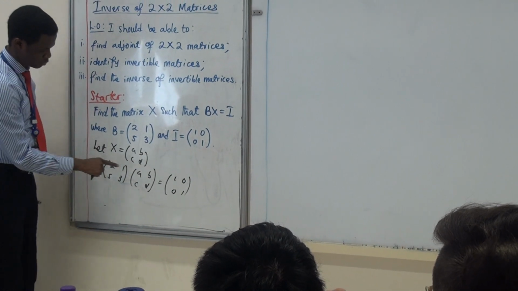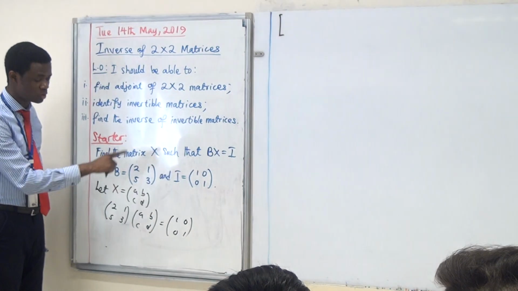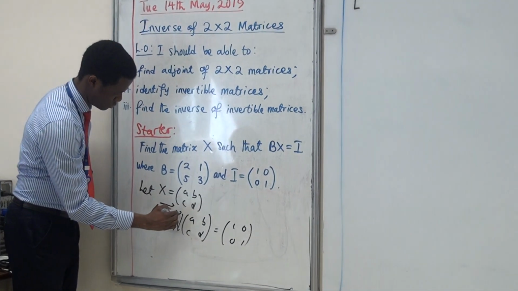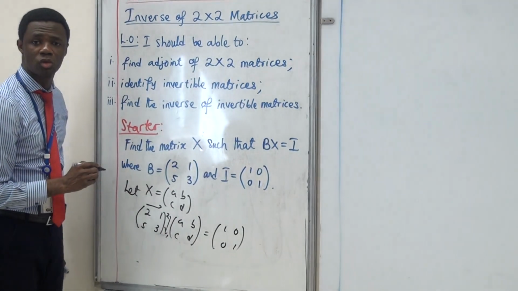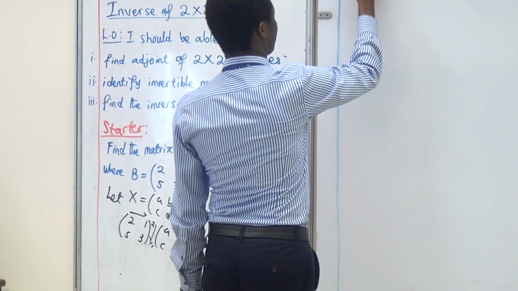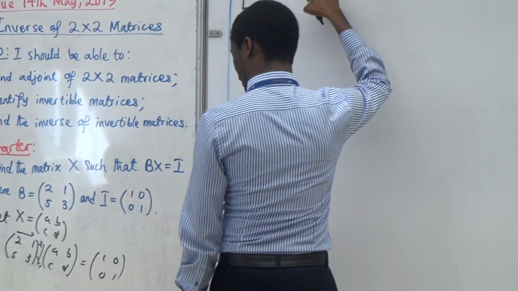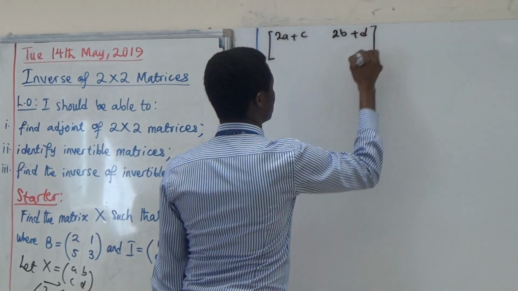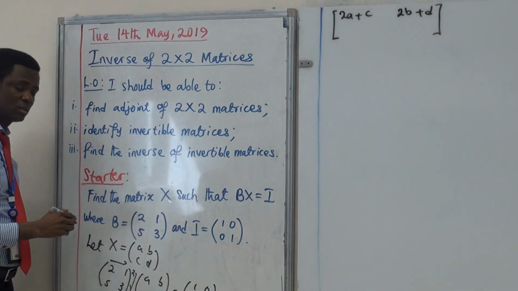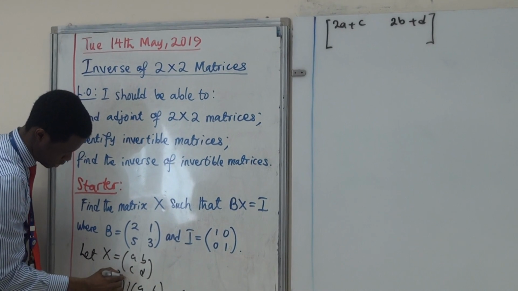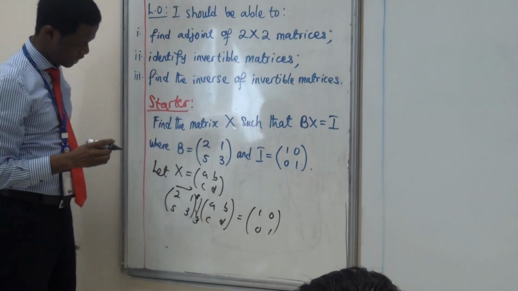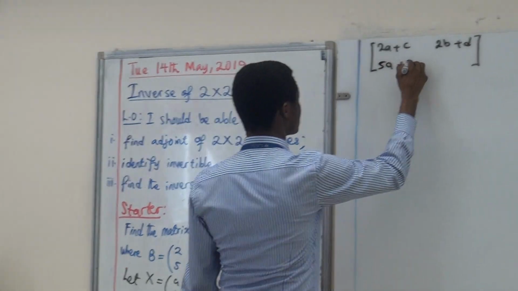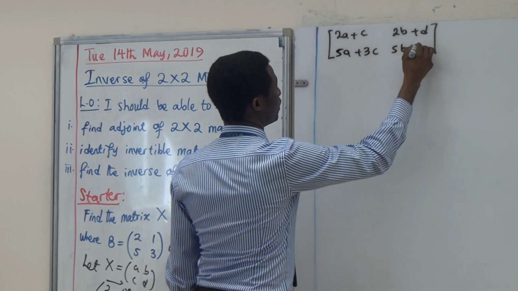Okay. So now, if we multiply, what do we have from the first entry? 2a plus c. The other one here, 2b plus d, right? Please, I need a response. And this is 5, this is 3. So what do we have next? 5a plus 3c and 5b plus 3d.